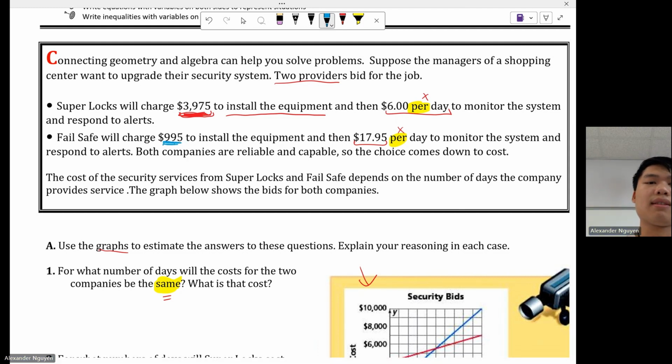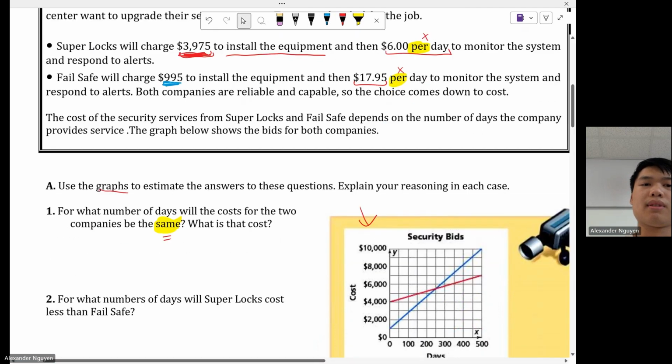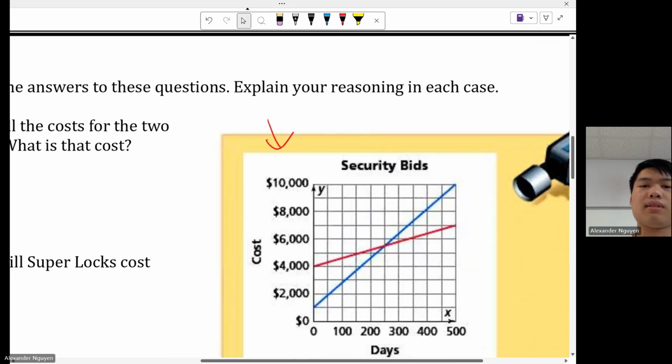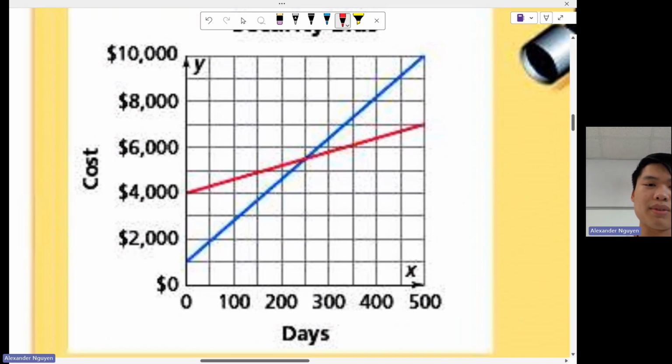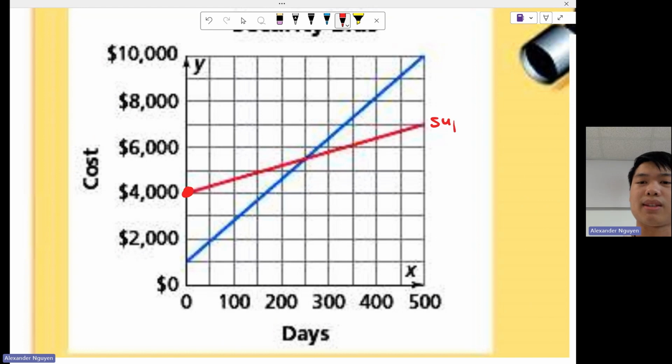Okay, so Superlocks, we're starting at 3,000 something, almost 4,000 right here. So the Superlocks one, that's the one that's in red. Superlocks. And the one that was in blue, that's Failsafe, starting at like 900 something dollars.